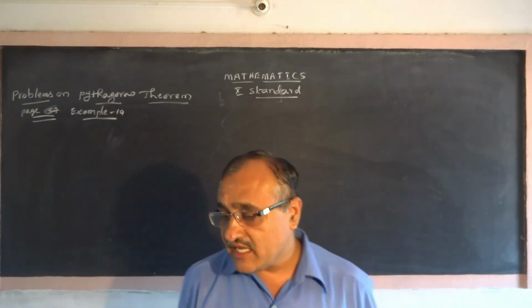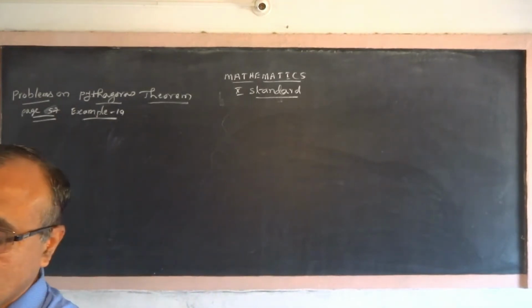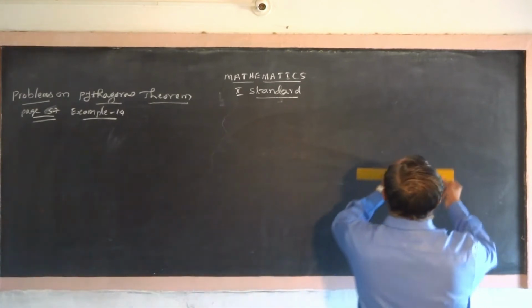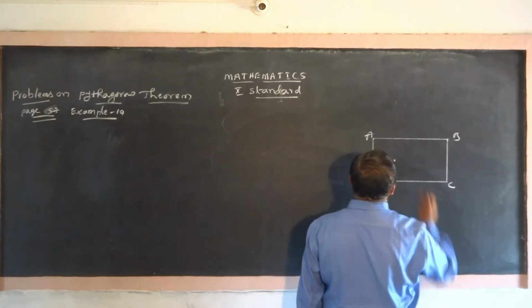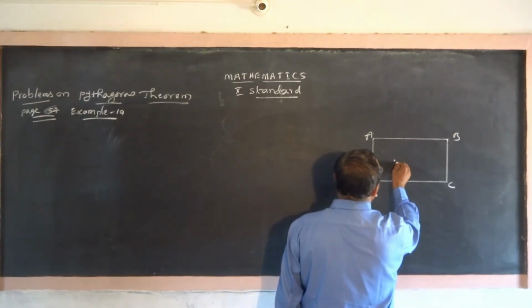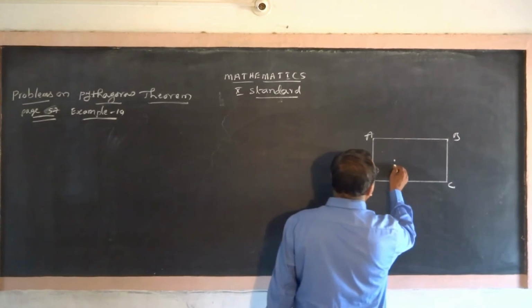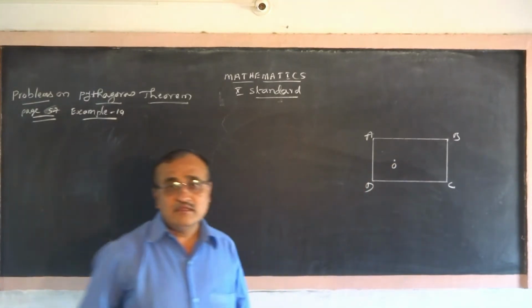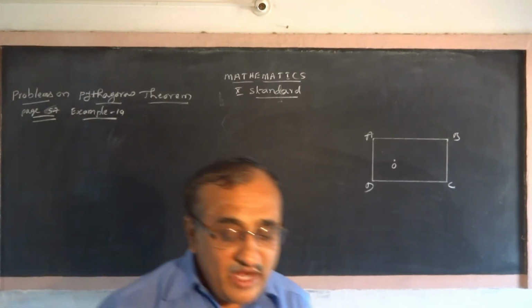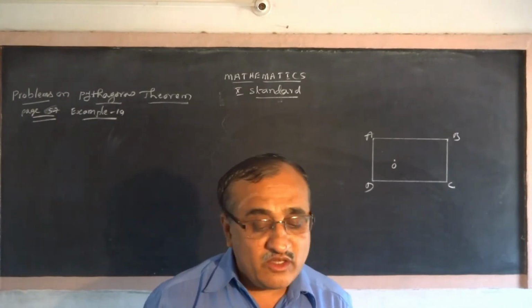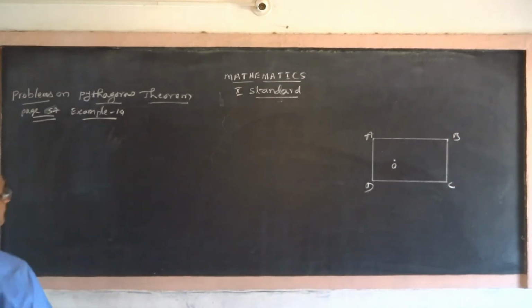ABCD is a rectangle, and O is a point inside the rectangle. Then we require to prove that OB square plus OD square equals OA square plus OC square.